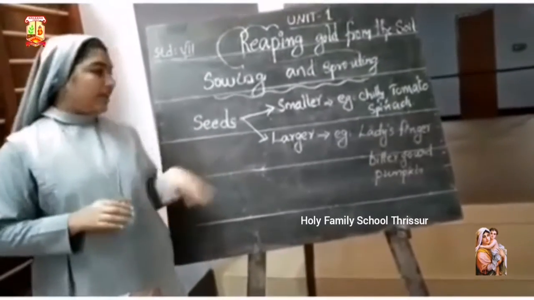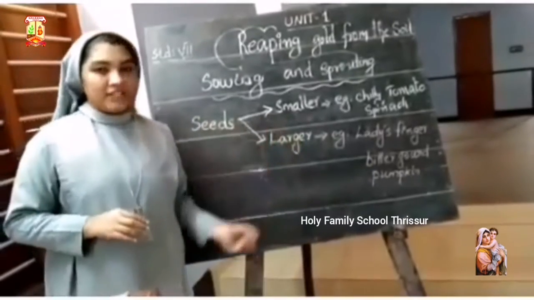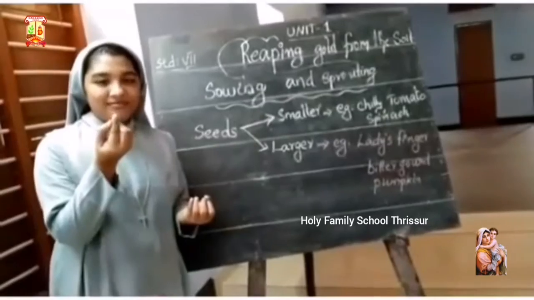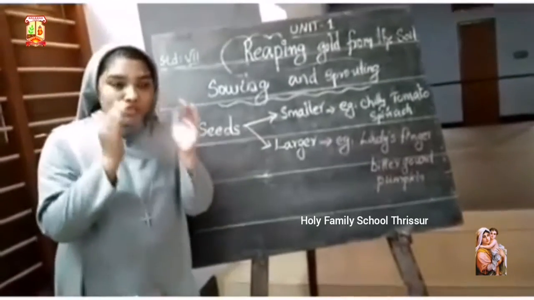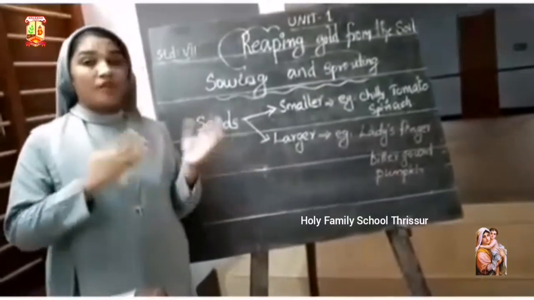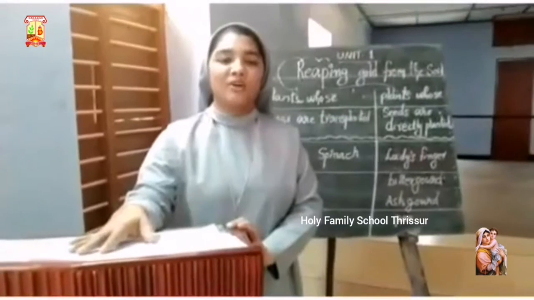Clear? In the case of larger seeds like lady's finger, bitter gourd, ash gourd, pumpkin, like that, they are big ones. So we have to observe them and check whether each one is good or bad.